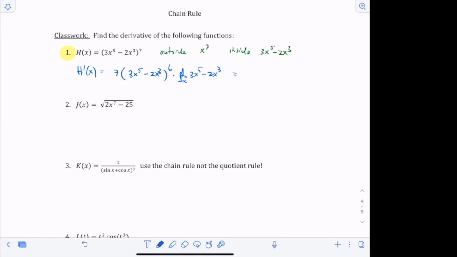And then I'll just calculate that derivative in the next step. So I'm going to copy this first part here. And when I multiply by the derivative, again, make sure you don't forget the parentheses. This is going to be 15X squared minus 6X squared. Okay. And that would be my answer.